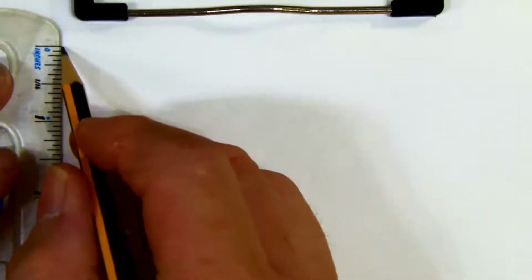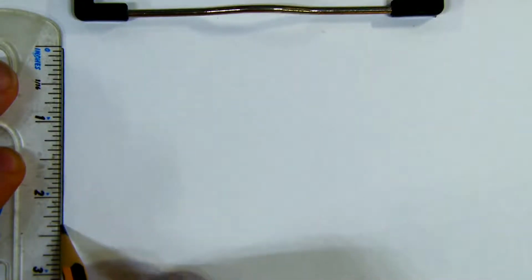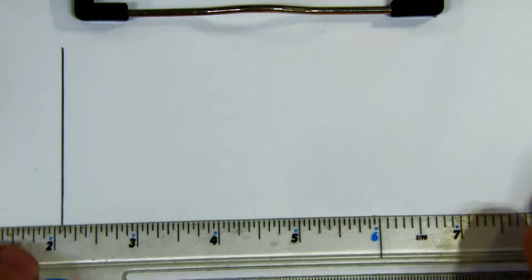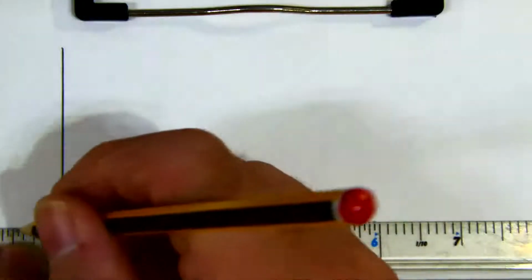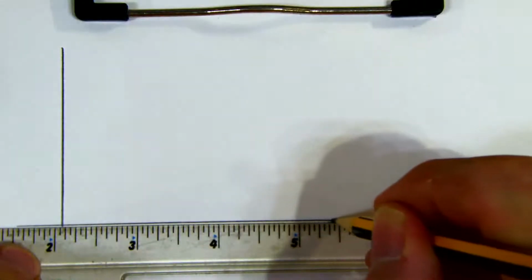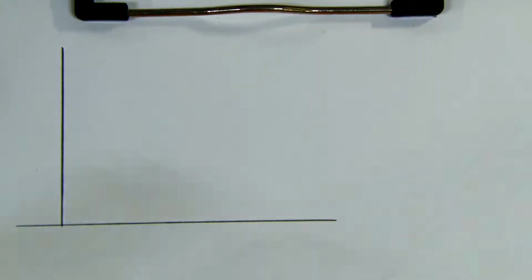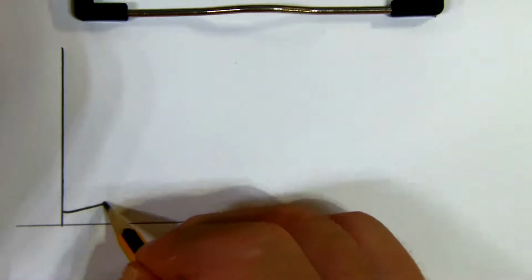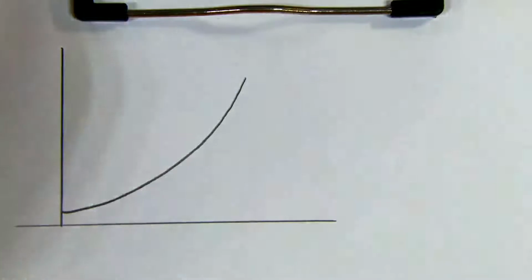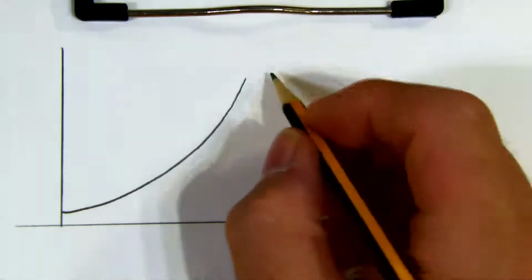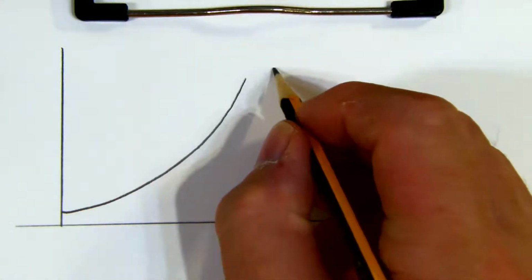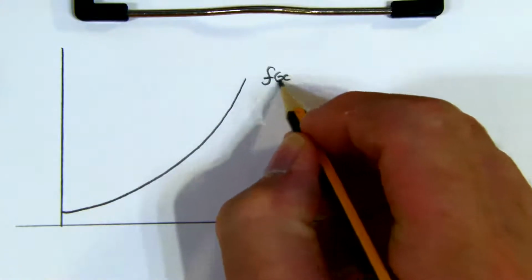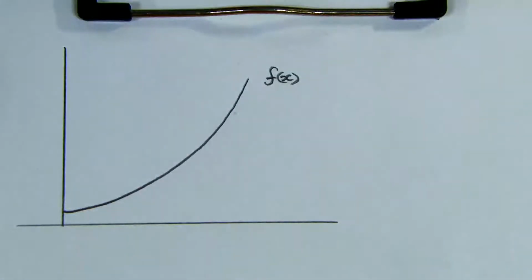So let's just remind ourselves about how we might look at differentiation from first principles of a simple curve. So let's have a simple curve here, and this is going to be some sort of function of x. It doesn't really matter what it's going to be.